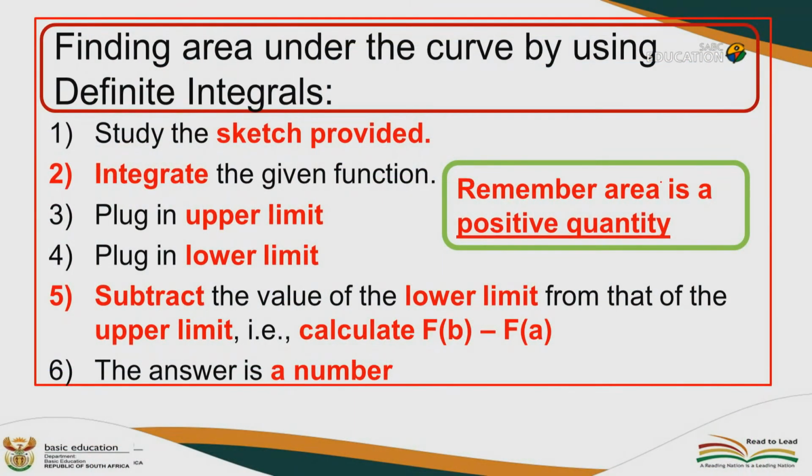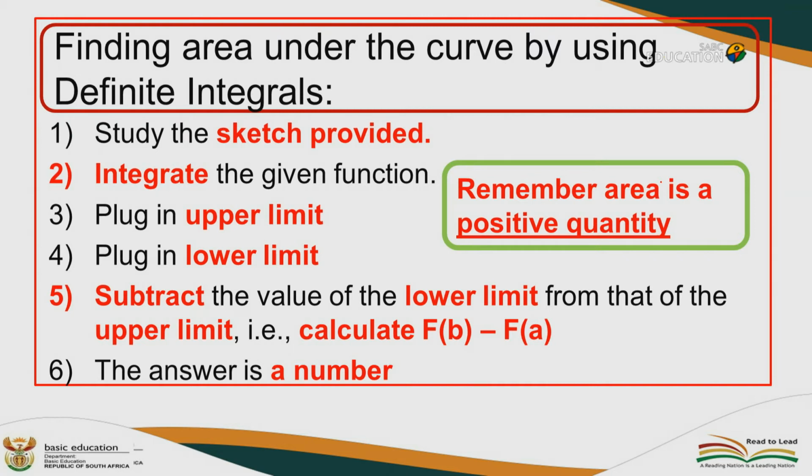If you are required to determine the area under the curve, there are some very simple rules that you need to know. Number one, study the sketch that will be provided, whether it is a parabolic function or a cubic function. Secondly, integrate that given function according to the standard rules that you have learned.